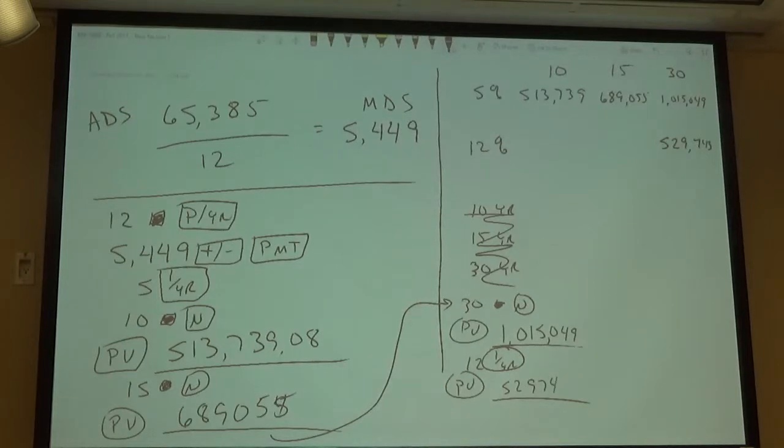Okay? So basically, if you double the interest rate, it goes down by half. Yep. So now we change to 15 years. $454,419, let's say.